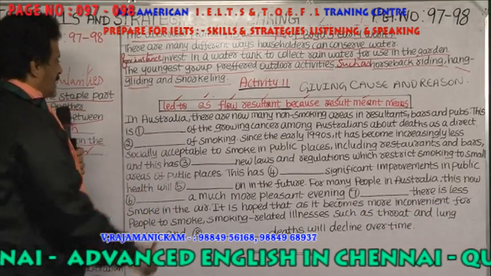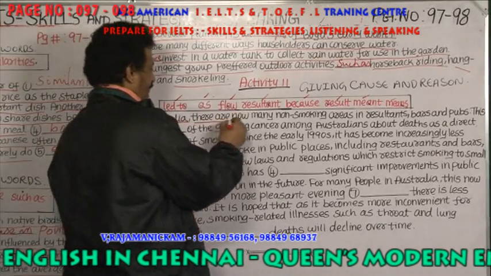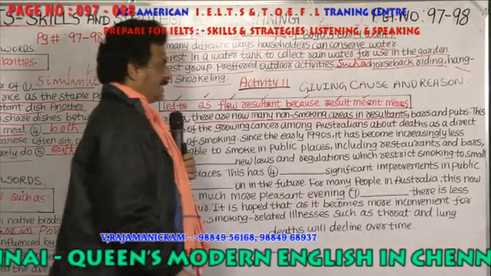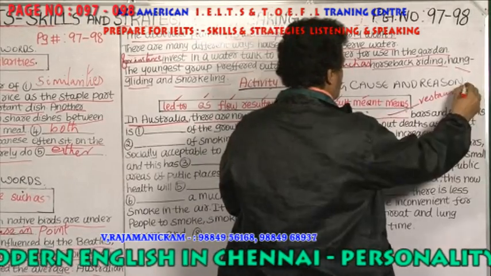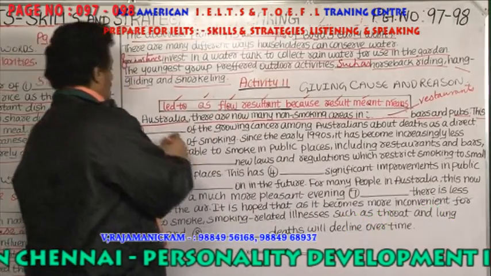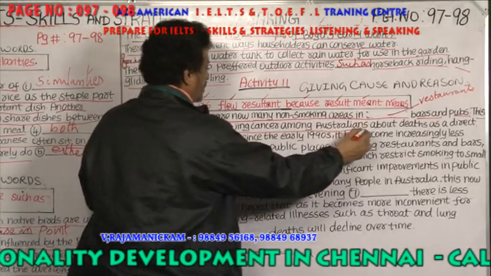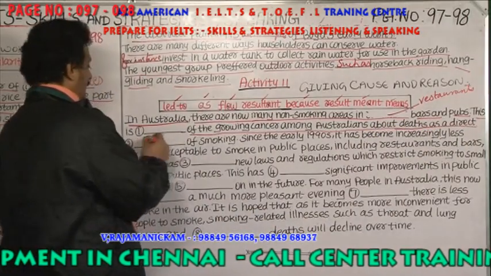See, in Australia, there are now many non-smoking areas in restaurants, bars and pubs. This is dash of the growing concern among Australians about deaths as a direct dash of smoking.